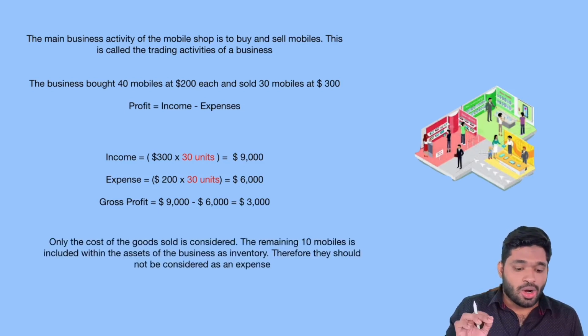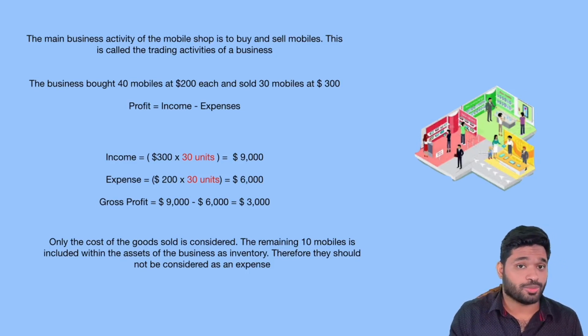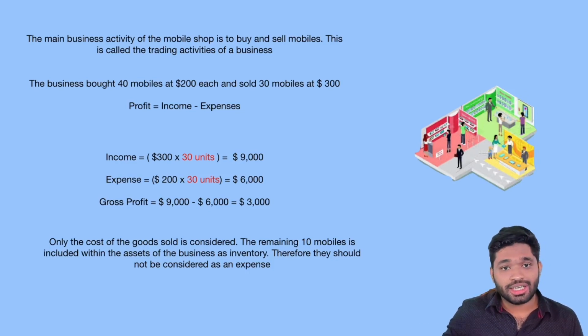Now when you look at this stock, you purchased how many units? 40 mobiles, and you sold 30 mobiles, so you are left with 10 mobiles now. These 10 mobiles is not yet an expense for you because you have not used it to generate income. But it is there in your organization as a resource that would create probable future economic benefits.